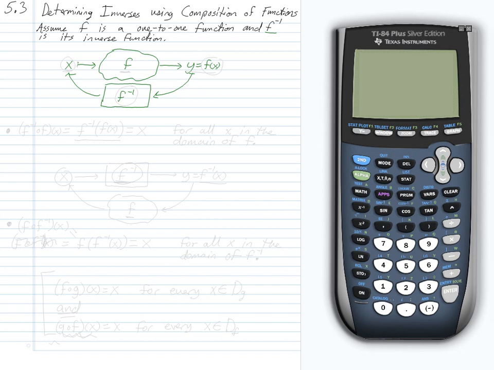Now this is sort of cumbersome notation. We wouldn't want to have to write this big diagram every time we talked about a function. And so in our notation, we could say our inverse function is the function acting last. So it's taking the input of f of x, and it's giving us back the output of x.